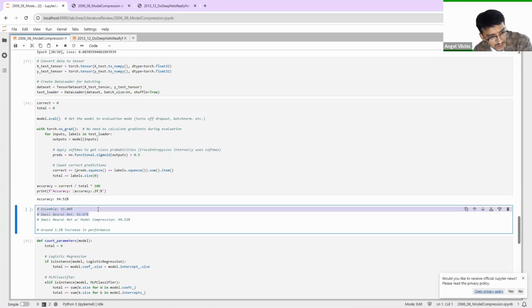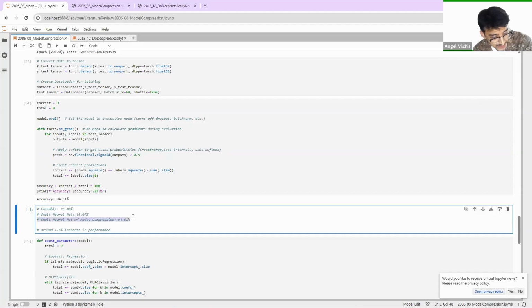So there's a gap there between the large model and the small model. But when we have the small model mimic the ensemble rather than training it on the original labeled data set, by training it on the pseudo labels of the unlabeled data set that the ensemble provides, we get an accuracy much closer to the ensemble.